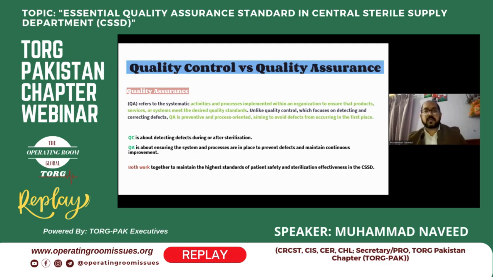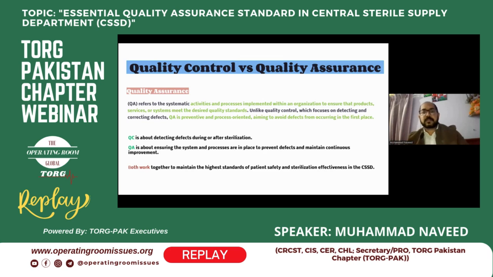And QA, quality assurance, is about ensuring the systems and processes are in place to prevent defects and maintain continuous improvement. Means in our sterilization process in the CSSD, we are performing so many processes in the three zones.